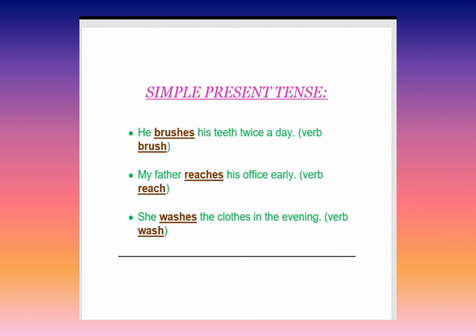For example, he brushes his teeth twice a day, and the verb here is brush. My father reaches his office early. The verb is reach here. And the third sentence, she washes the clothes in the evening. The verb is wash here.